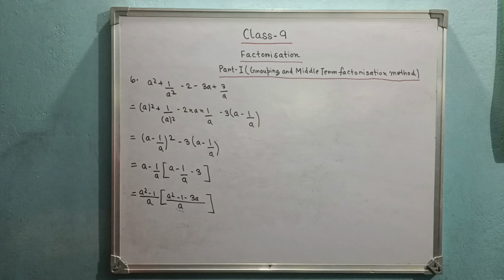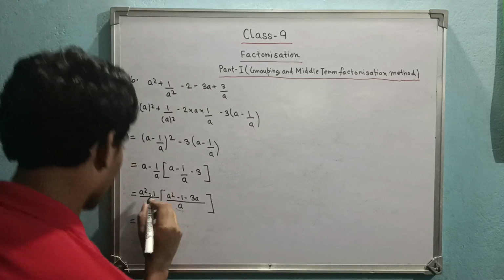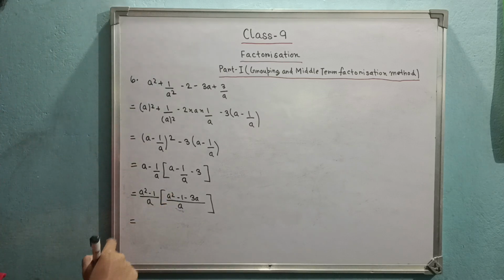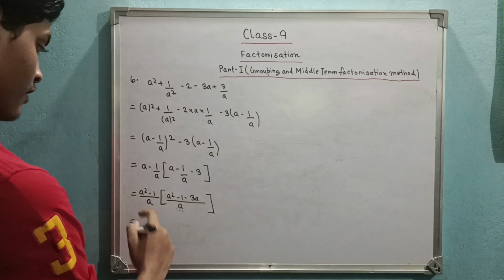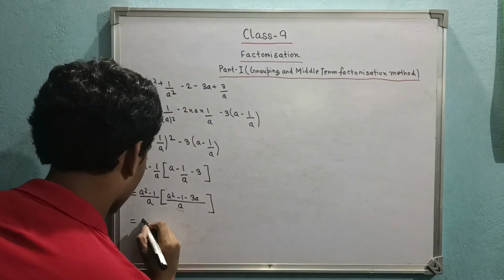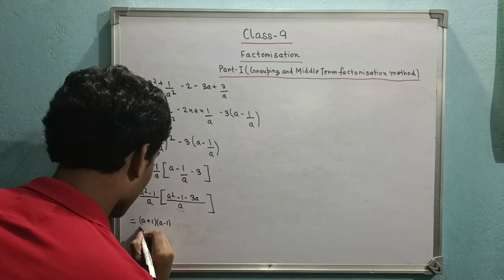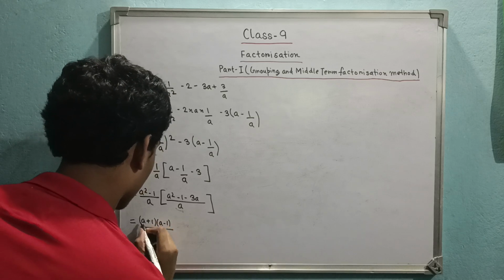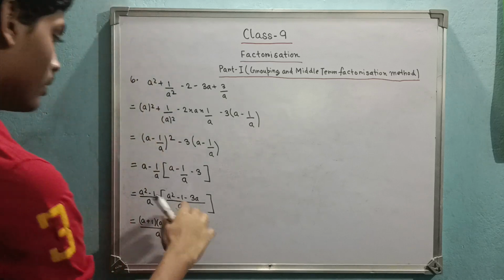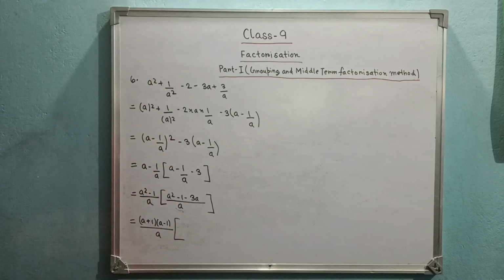Alright. So this can also be written as a square minus 1, what is it? A plus b into a minus b. So a equal to a plus 1 into a minus 1 by a, multiplied by, we have a square minus 3a minus 1. Alright.